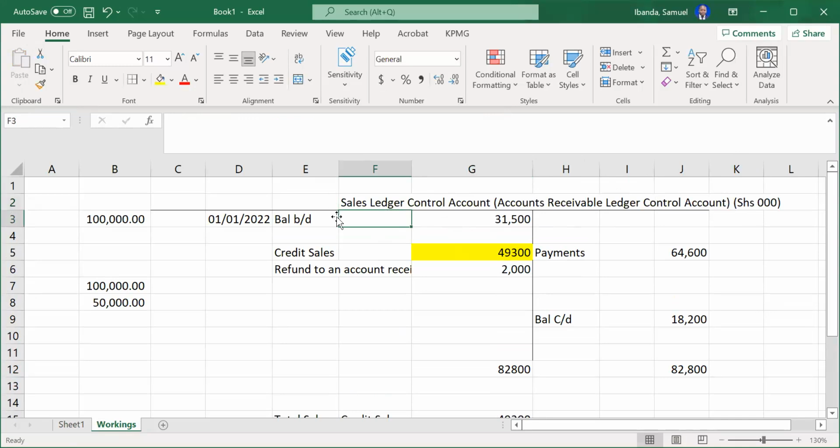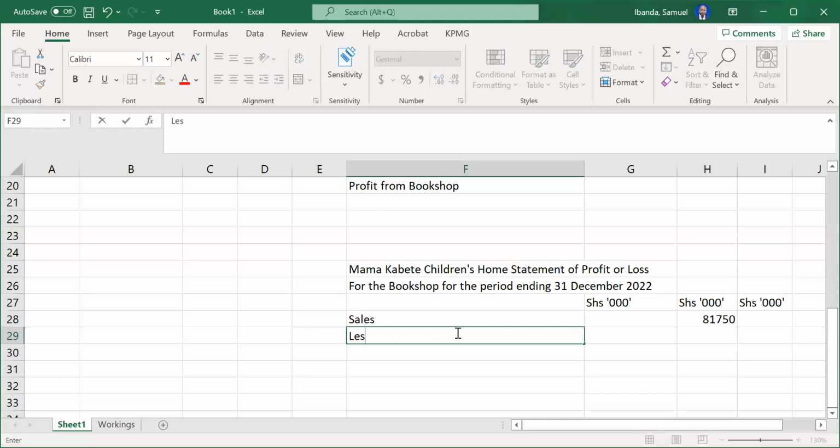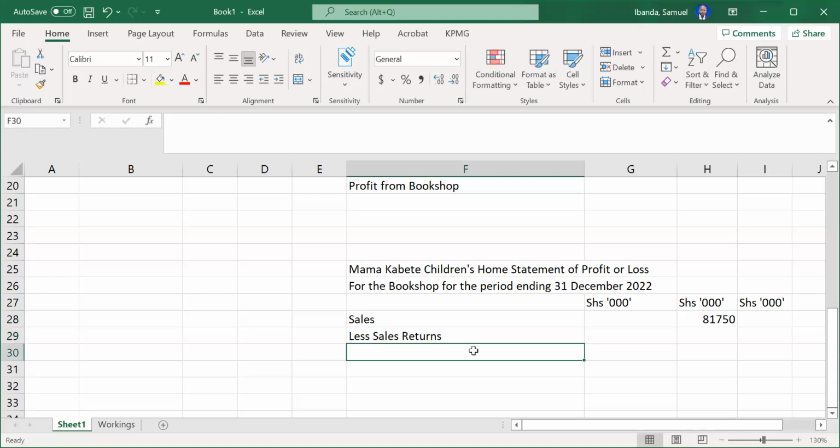It's important for the examiner to know that whatever you're working with here is in thousands. Once I've gotten my sales, we do less sales returns in case they're available, but I didn't see those coming through. So sales returns will not have anything, and then you're able to determine your net sales. Here the net sales remain the same value.